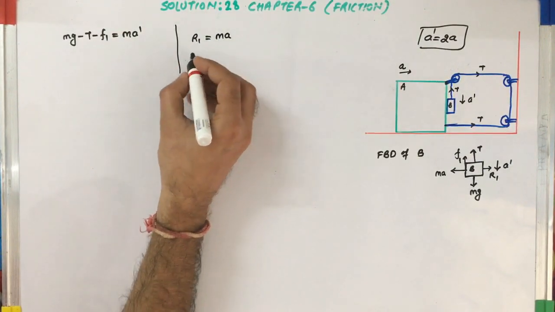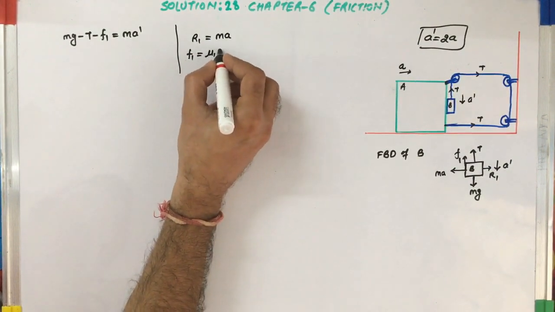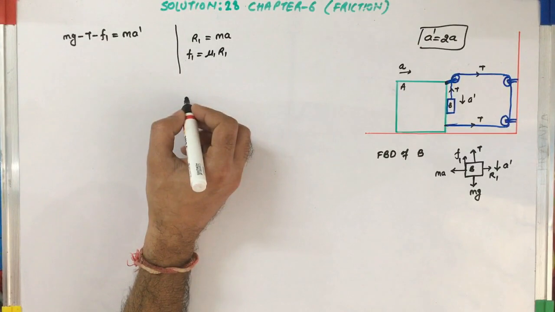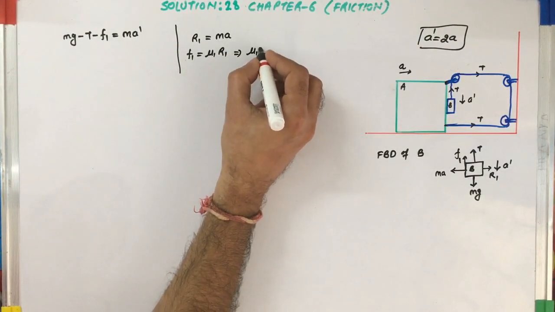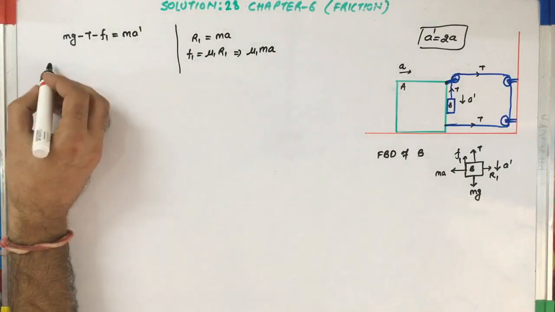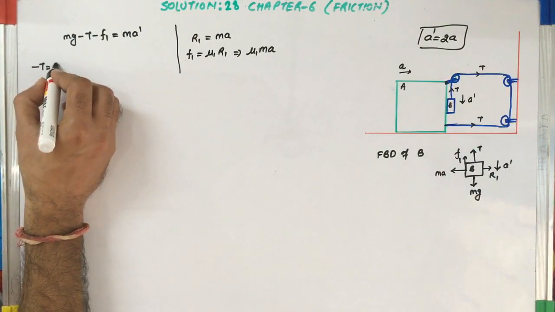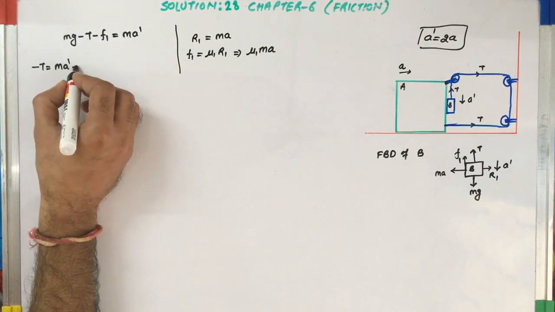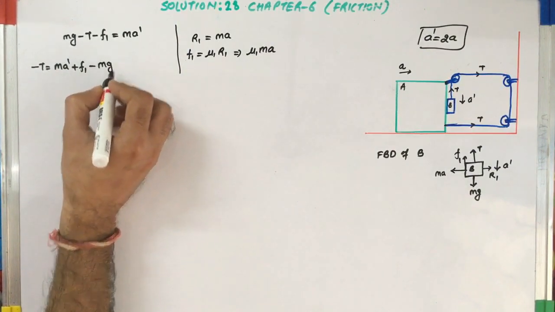Now we can say that the frictional force F1 is mu1 R1. The value of R1 is MA, that means mu1 into M into A, right?